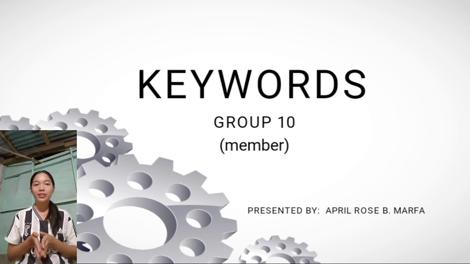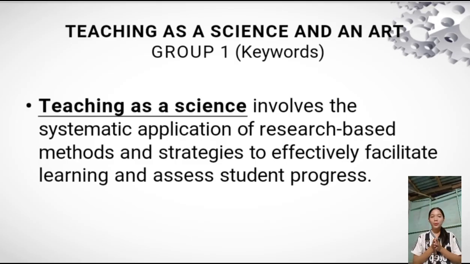Okay, so in teaching as a science, there are 5 important parts, and these are development of inquiry, systematic procedures, sequence methodology, focus and structure, orderly record keeping, and lastly but not the least, systematic observation and evaluation.